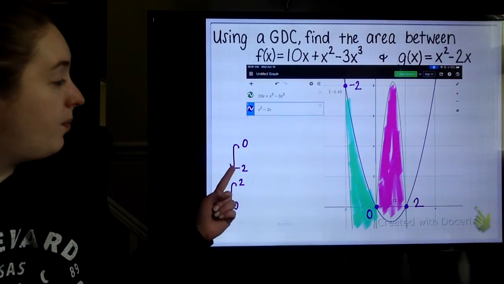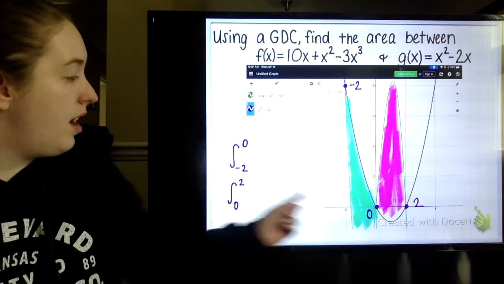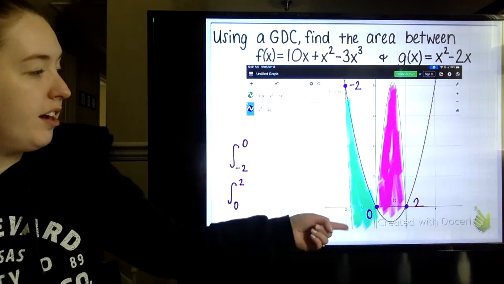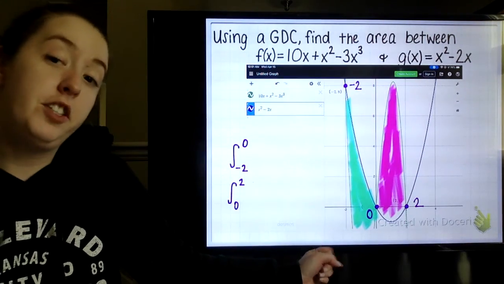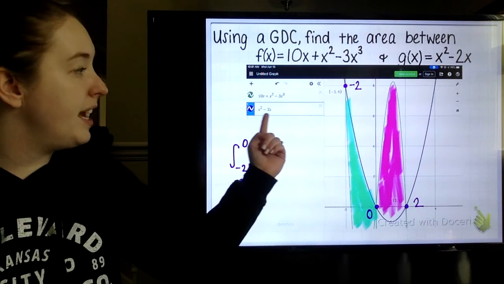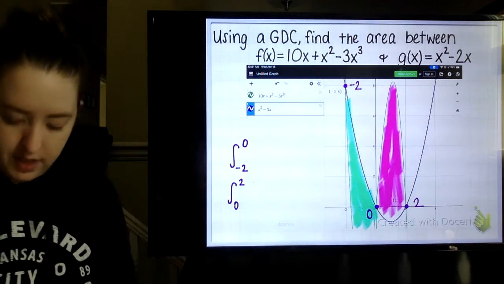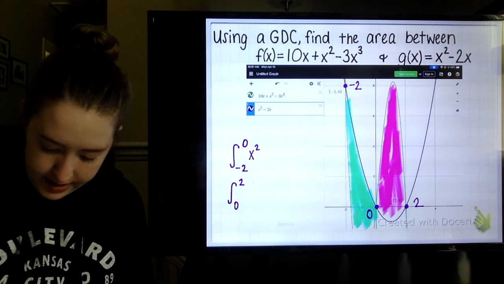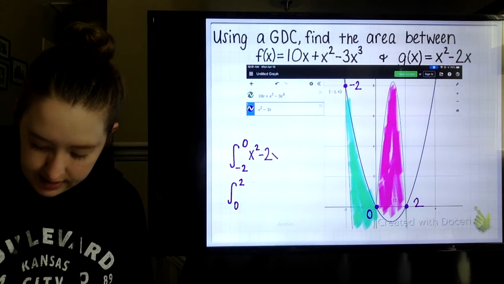All right, so from -2 to 0, that's that green part over here. The top function there is my blue function, which was x squared minus 2x. So that's what's going to go on top: x squared minus 2x.